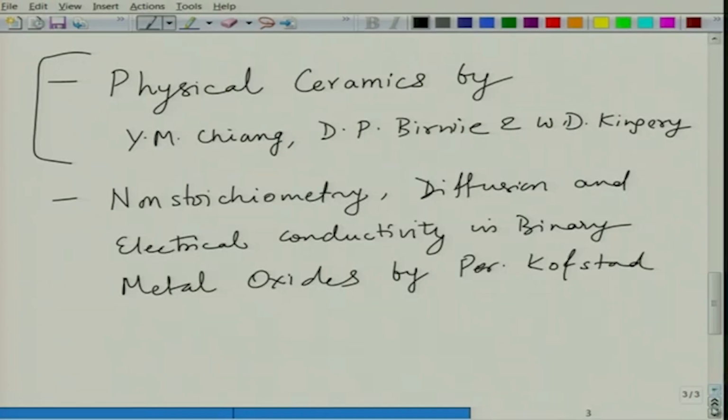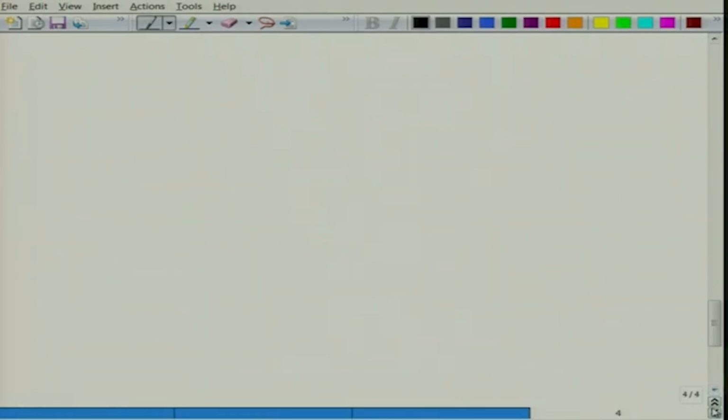Now, let us begin our discussion with what these defects are. We first begin with what we call point defects.